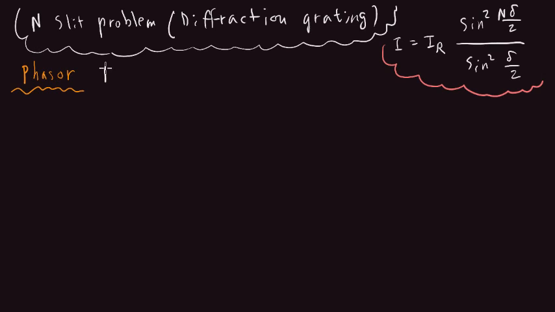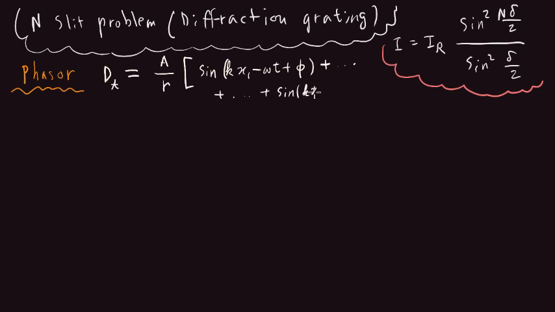That came from the total wave field, the total electric field in the case of light, which can be written in this form: sine of k x1 minus omega t plus phi, plus sine of k x2 minus omega t plus phi, all the way up to sine of k xn minus omega t plus phi. So the thing that we need to do here is to sum up these sines.